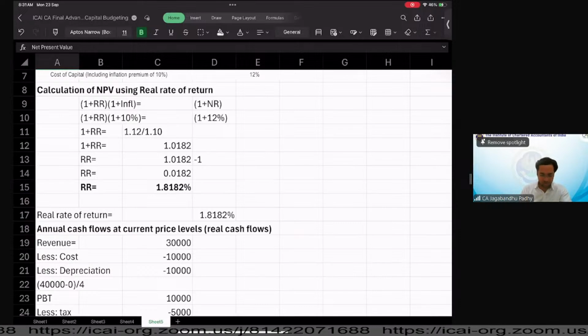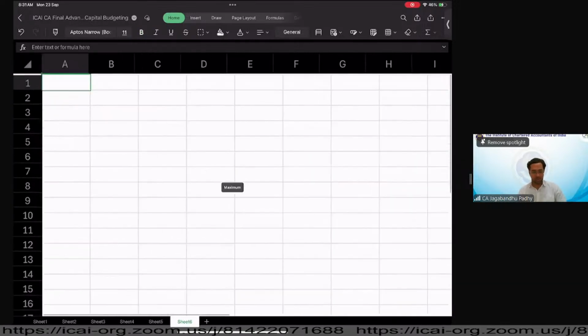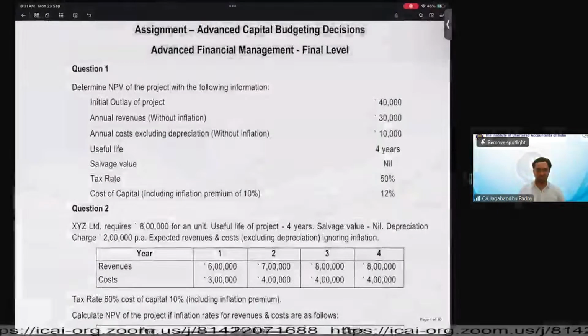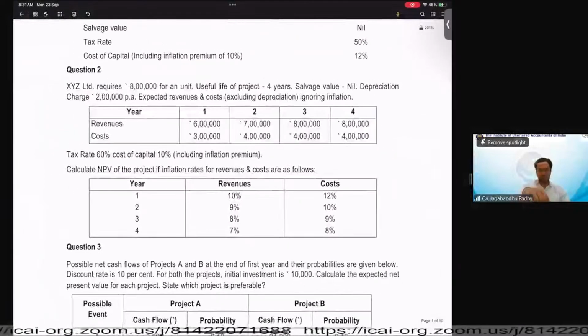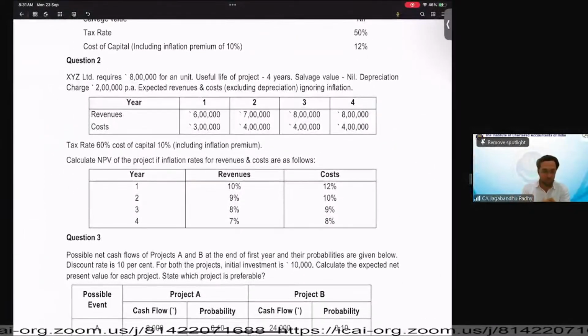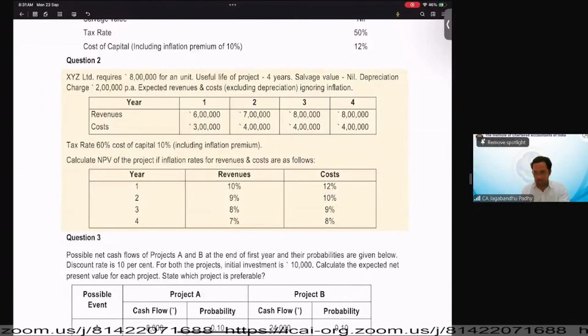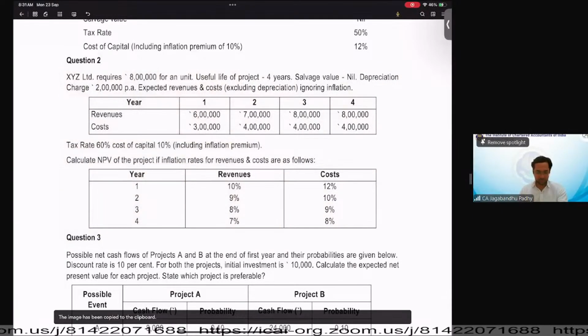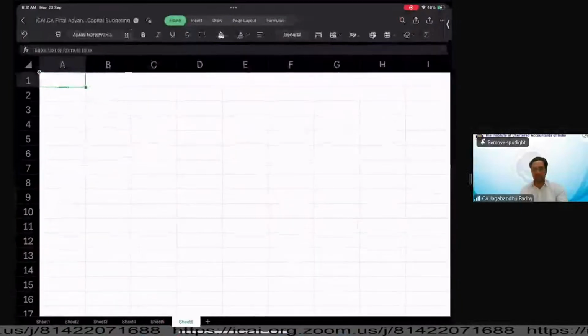I hope this makes sense to everyone, and this is good enough to take us to the next question of our discussion right now. The next question is question number 2 from our assignment. Again, this is going to be inflation adjustment. Let's try to discuss this in our second question.